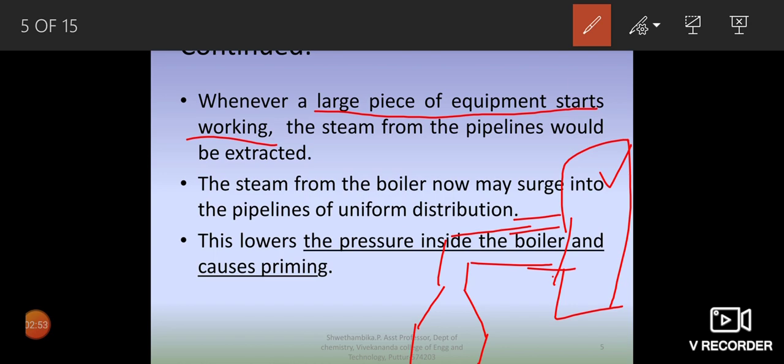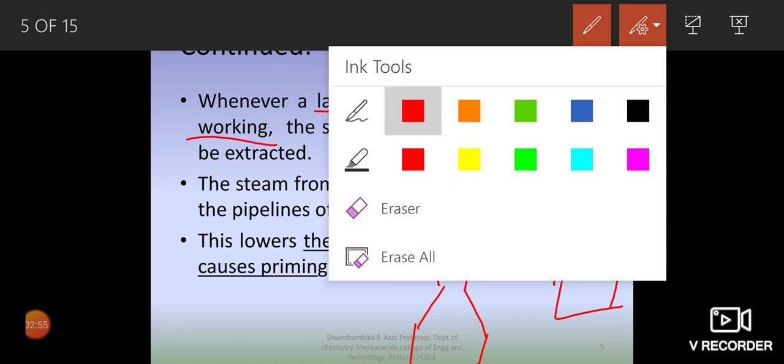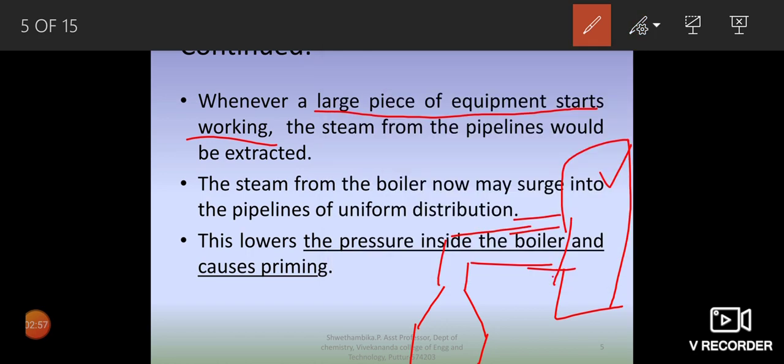Automatically, this particular instrument may require some steam, which is drawn from the pipelines. Since it is connected in the immediate vicinity to the pipeline, steam produced here might be drawn to the system from the pipeline. Automatically, in the area of the pipeline, the pressure would decrease. So what is the natural tendency now?